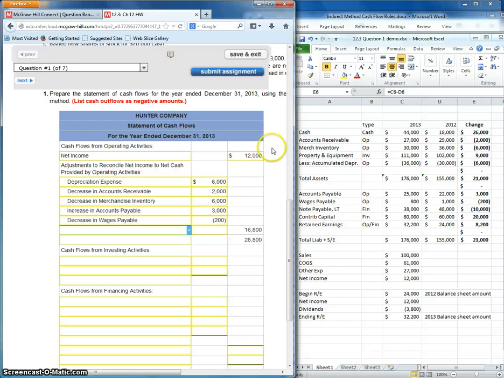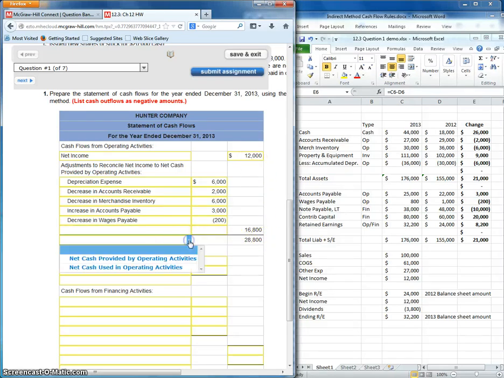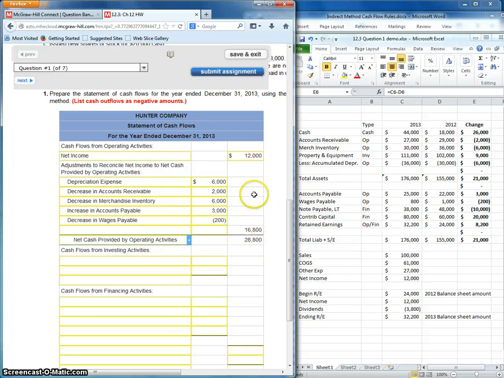So now what I did is I took my $12,000 plus the $6,000 plus $2,000 plus $6,000 plus $3,000 minus $200, and that's going to equal $16,800. Actually, the $12,000 plus the $16,800 will equal $28,800. And that $28,800 is going to be net cash provided by operating activities.